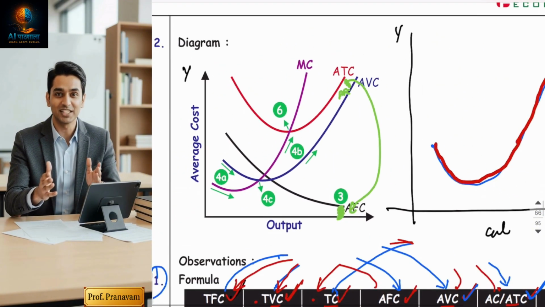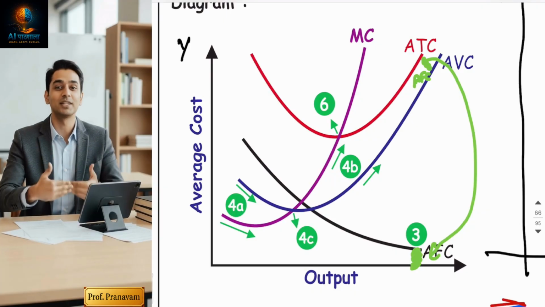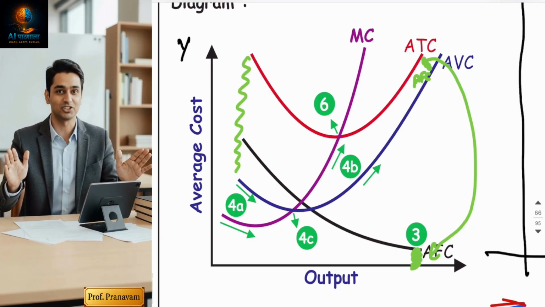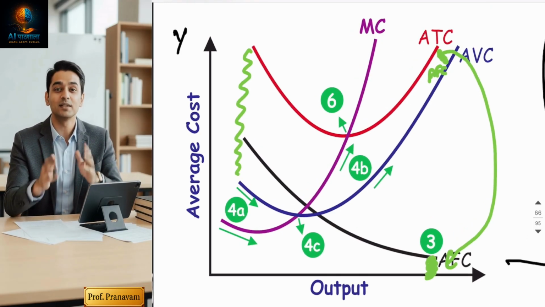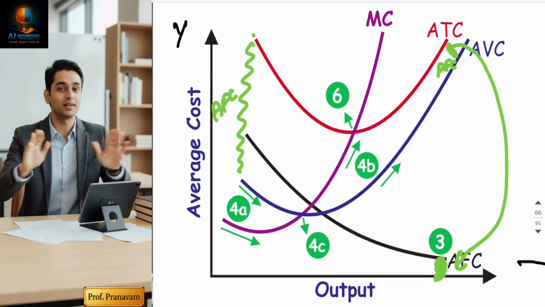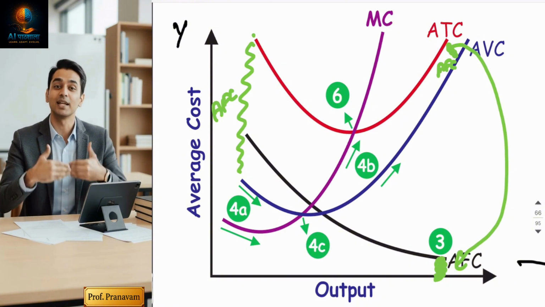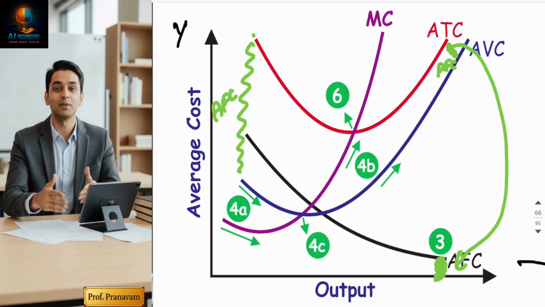And if you look at one more thing, on the left hand side the gap between the red curve and blue curve is more, and on the right hand side it is less. Why? Because AFC is continuously falling, so the gap is reducing.